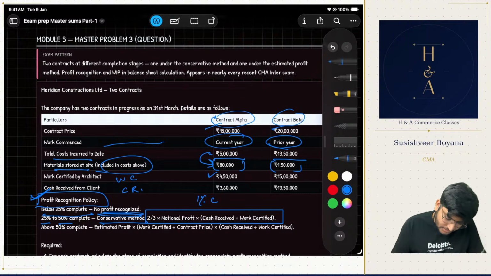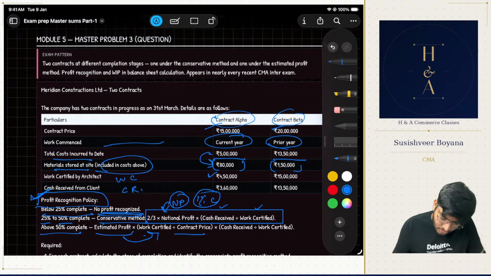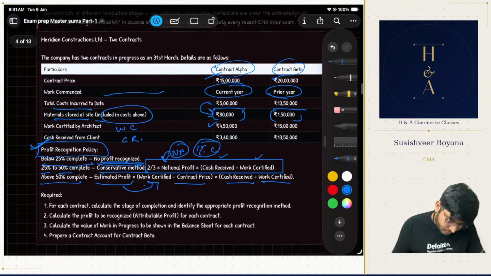For that, you have to understand what the missing figures are. You should find notional profit. Cash receipt is there. Work certified is there. So all you have to do is calculate notional profit and percentage of completion. Above 50, estimated profit into work certified divided by contract price, all given, cash received by work certified, all given.